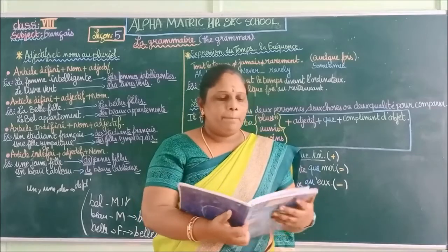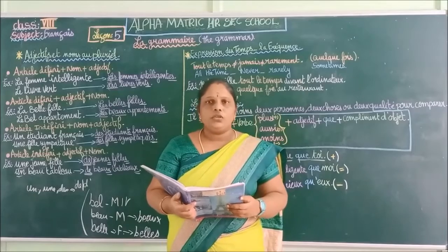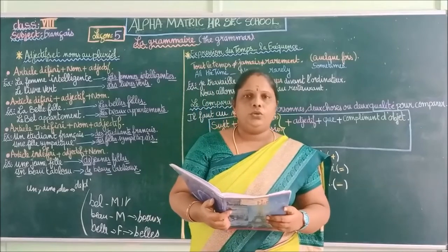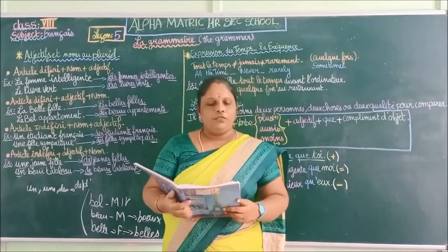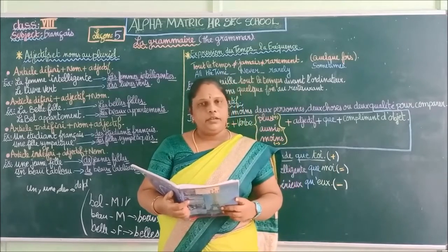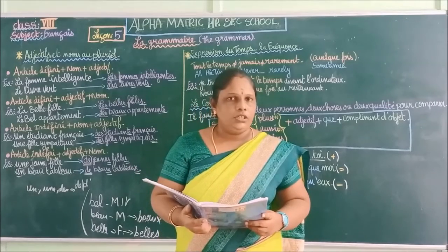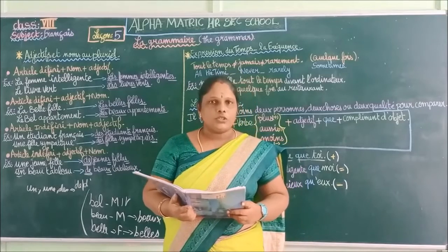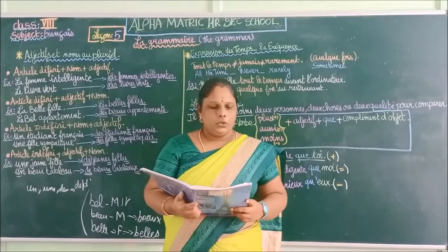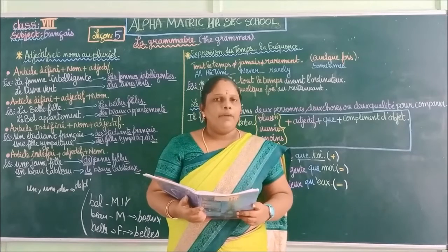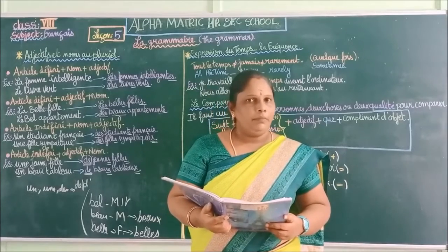Second exercise, faites des phrases avec les éléments donnés en utilisant l'une des prépositions de lieu qui convient. So, you have words, subject, verb and the places, and you have to write a sentence using the preposition. So, first one, elle, met, clé, table. Okay, so what is elle? She. Met, to put. Clé, keys. Table, table.